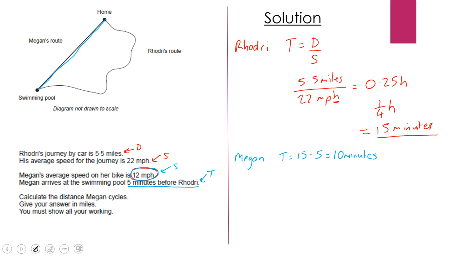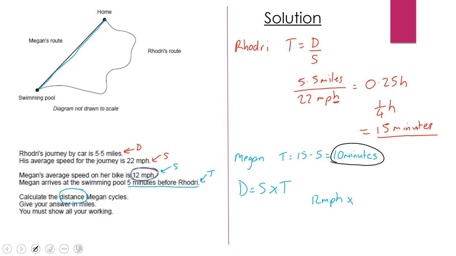So now we know what her time is. We can now actually use this to work out her distance. So from the speed, distance, time triangle, we know that the distance is speed times time. So in this case, we're going to be working out 12 miles per hour times, well, in this case, it's going to be 10 minutes.